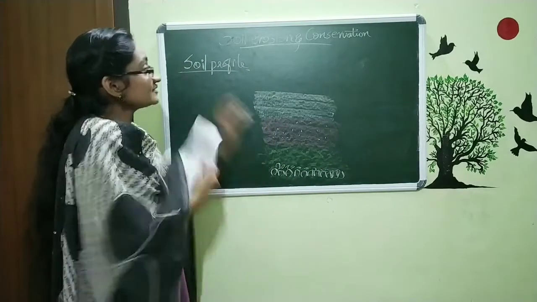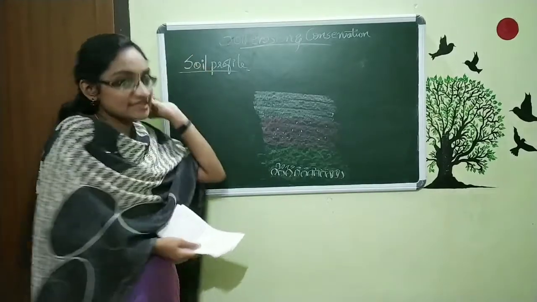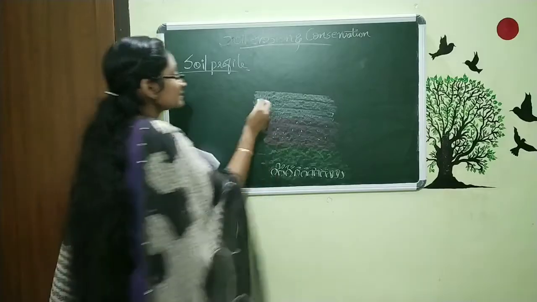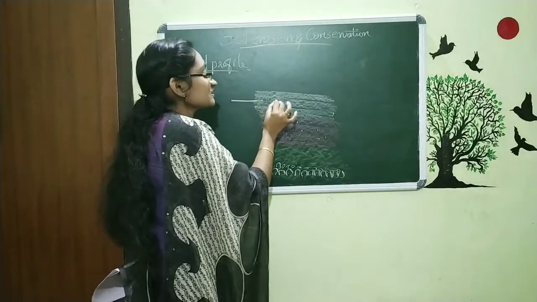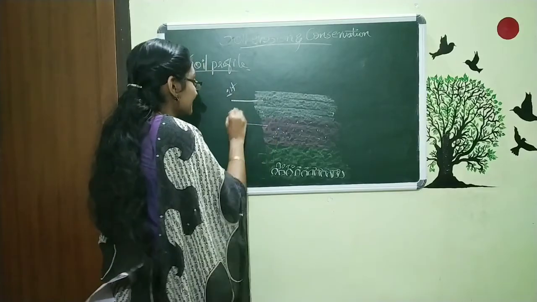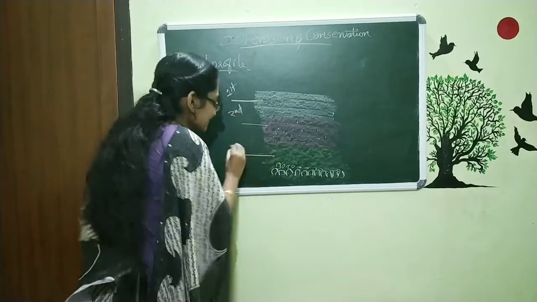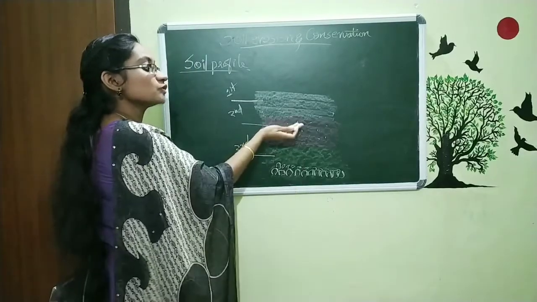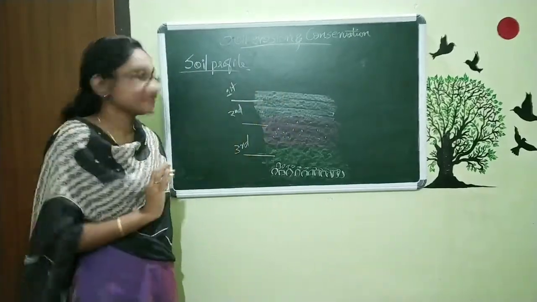So actually for this soil profile, basically we have three layers. This is the first layer, this is the second layer, and this is the third layer. That is the bottom layer, the one on top of that, and the outermost layer.